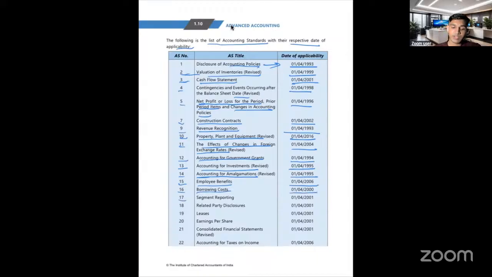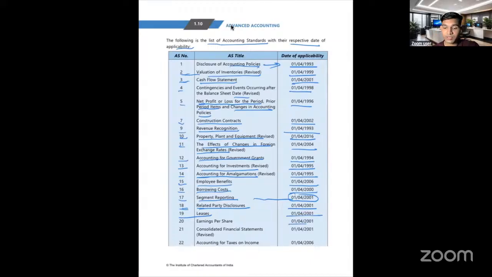Then AS17, segment reporting, comes into effect on 1st April 2001. Then AS18, related party disclosures, has been applicable from 1st April 2001. Then AS19, leases, comes into the picture from 1st April 2001.